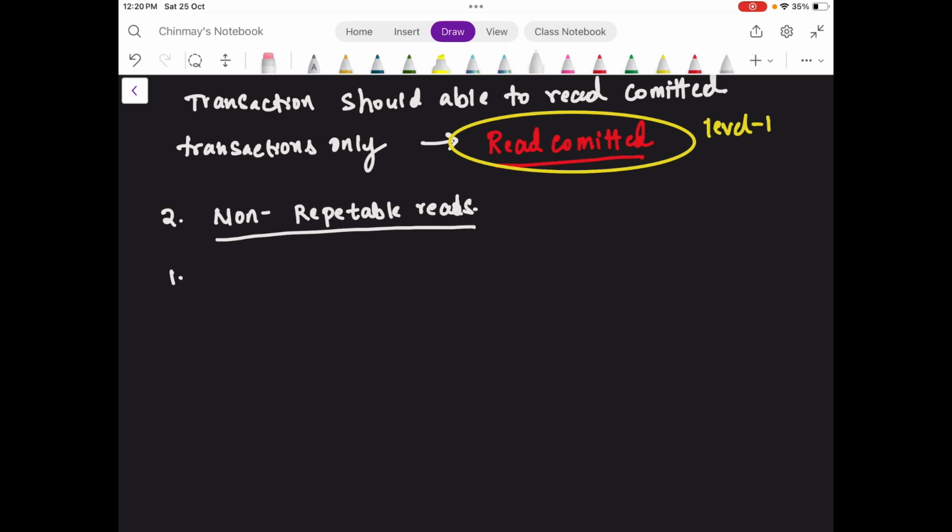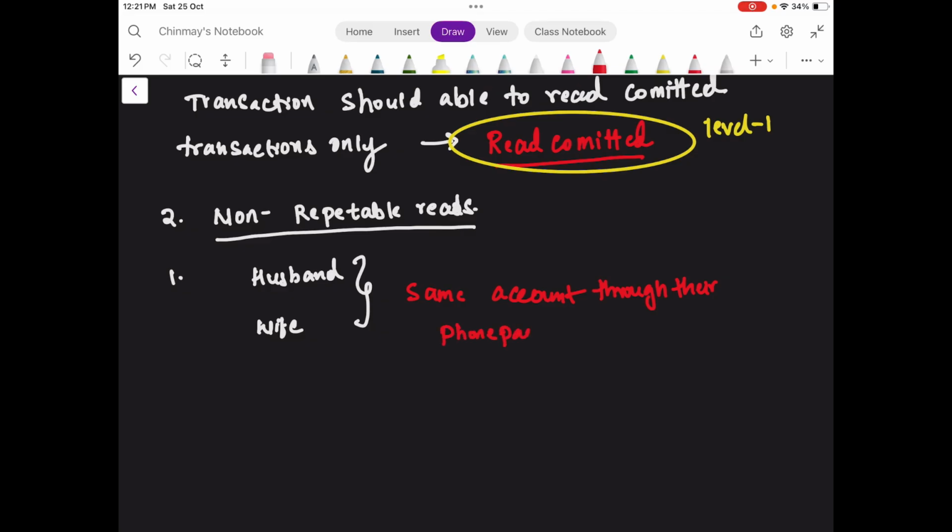There are two users, again husband and wife. Both are using the same PhonePe account, the same account through their PhonePe.